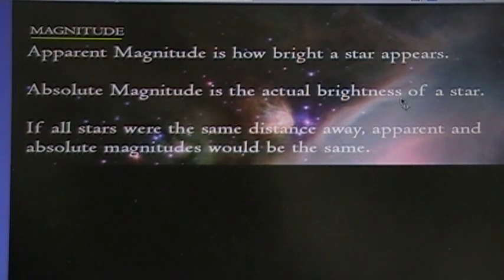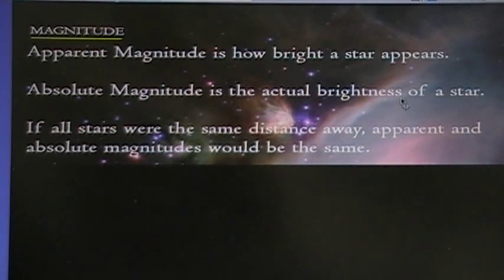But apparently, and that's why it's called apparent magnitude, apparently it looks like it's that bright. So again, what is the most apparent star that we see? That would be the sun, because it is closest to us, so therefore apparently it looks brighter than all other stars.